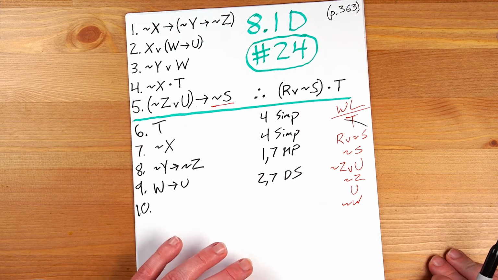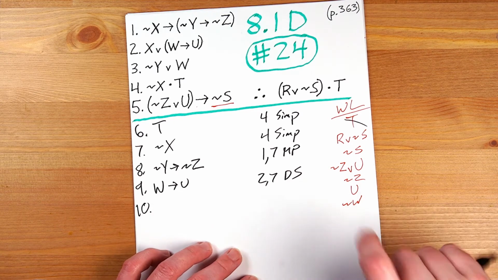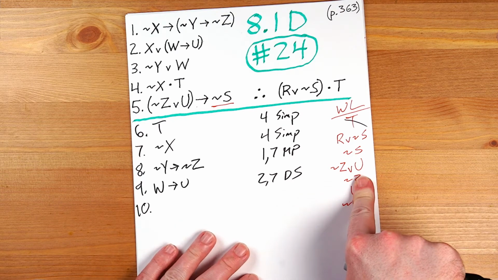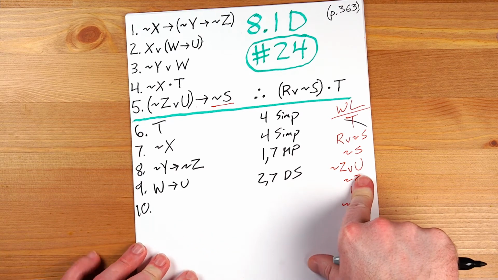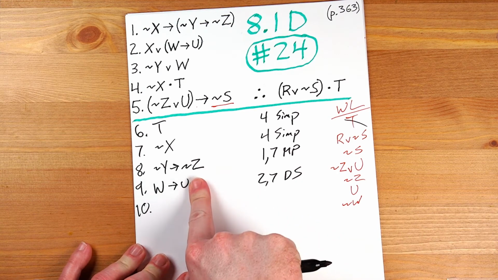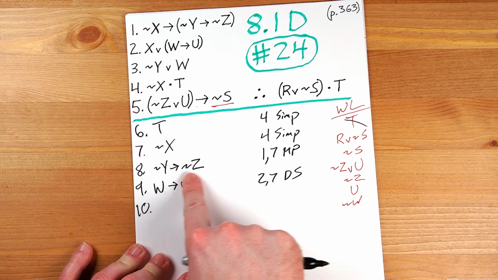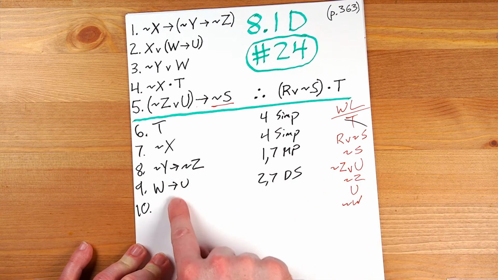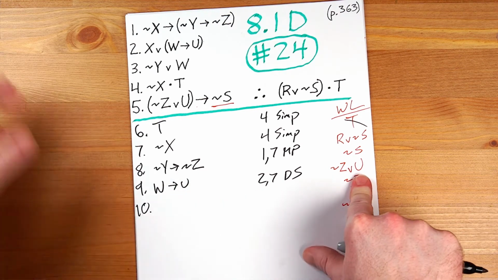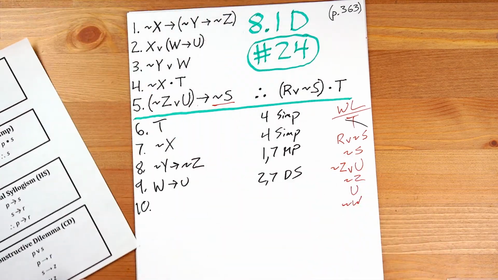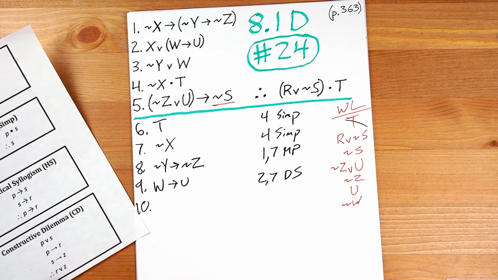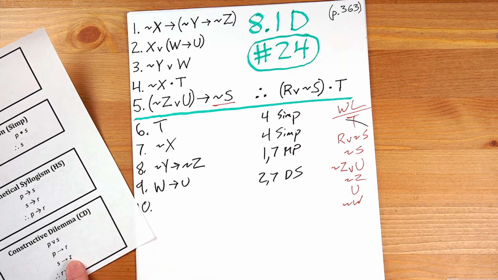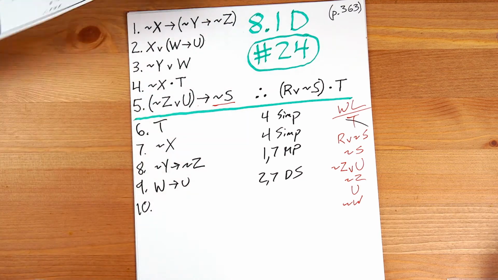We need a conditional that ends in not Z, and another conditional that ends in U. Oh, that's actually exactly what we have. We have a conditional here that ends in not Z, that's the left side. We have a conditional that ends in U, that's the right side of what we're trying to get. And of course, that's how this works, right? If you're trying to get that not Z or U, you want conditionals that end in those letters.